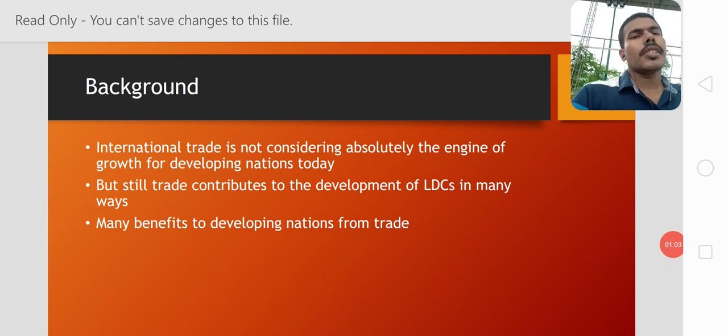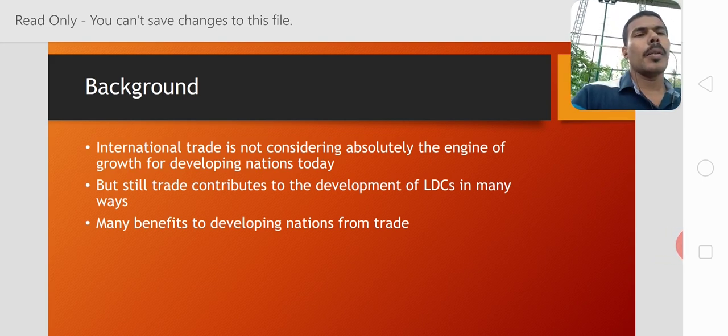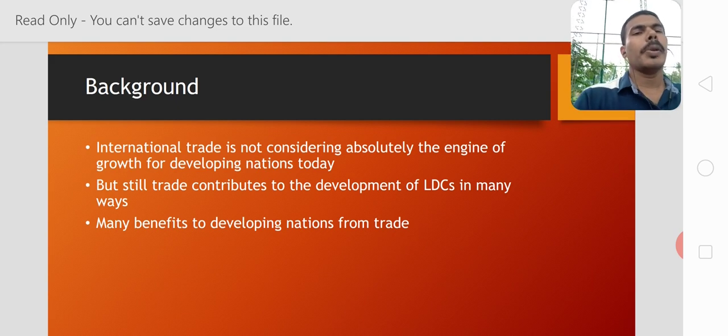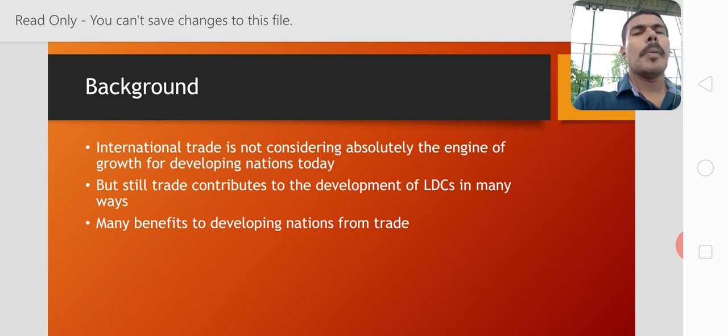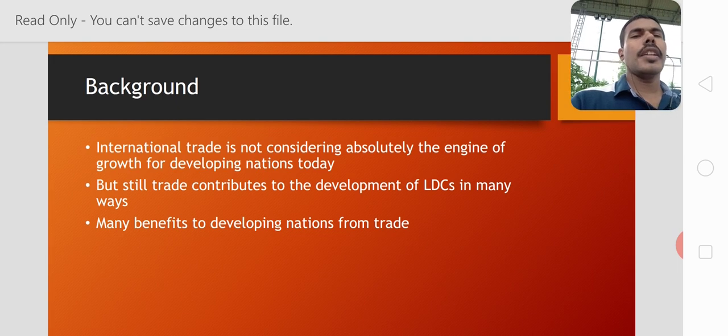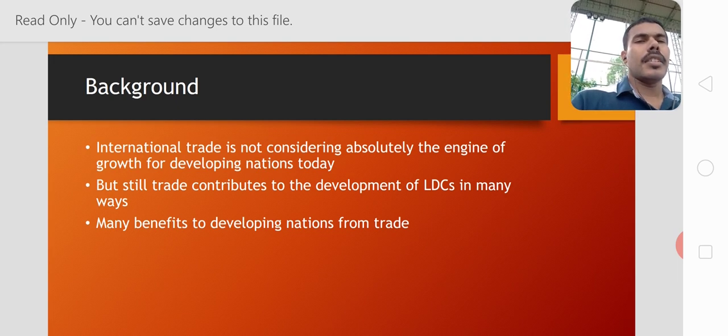International trade is actually benefiting both developing nations and developed nations, but not alike. So the rate of benefit from trade to the developed nations and developing nations is different.